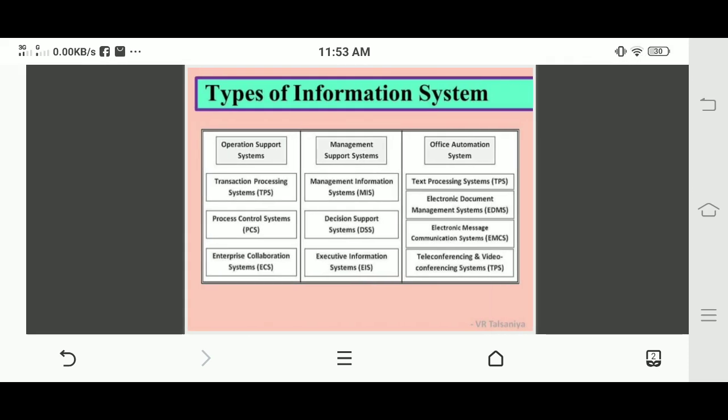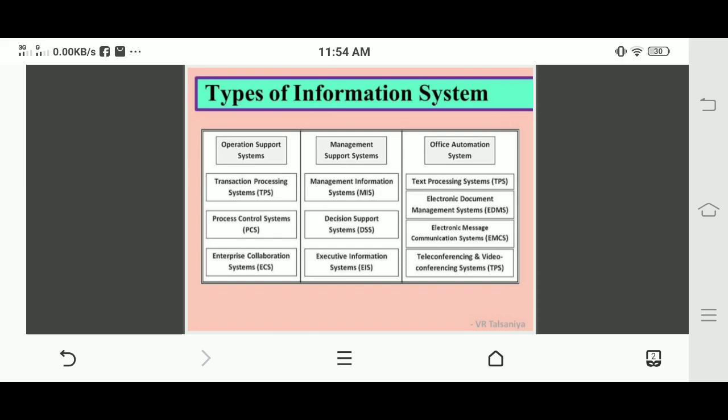Now, types of information. So there are different types of information. First one is operation support system. Now when we talk about operation support system, what does come under operation support system? We'll check that. In your operation support system, information systems have always been needed to process data generated by and used in business operations.